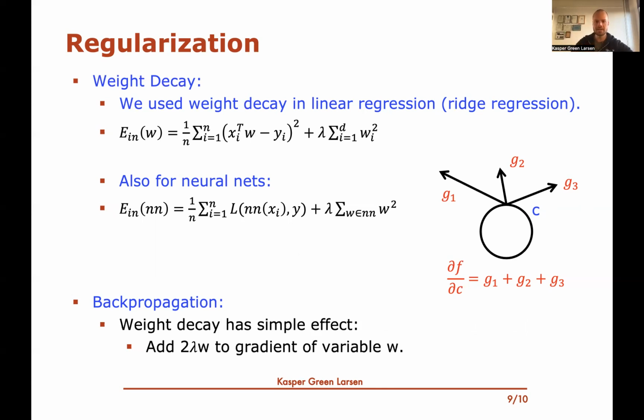And the nice thing here is that this is the sum of squares of all the weights in the network. This means that the partial derivative with respect to one of the weights in the network, since this is additive, the only term that remains is 2 lambda W. So for every weight parameter, once we've done backpropagation on the first part of the loss, all we have to do is add 2 times lambda times the current value of W to the partial derivative with respect to W. So it's a very simple update.